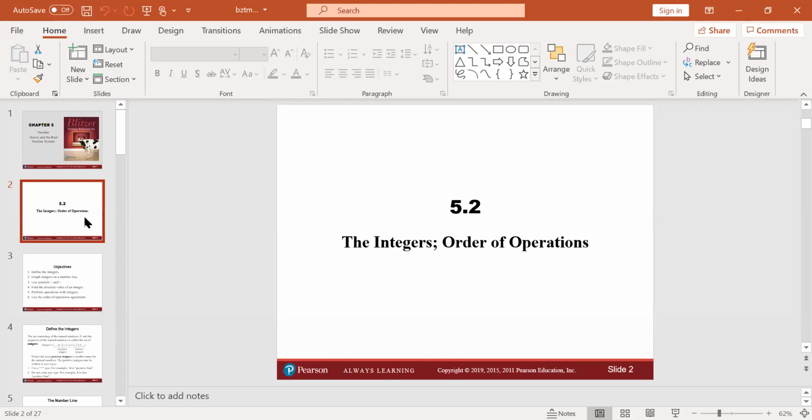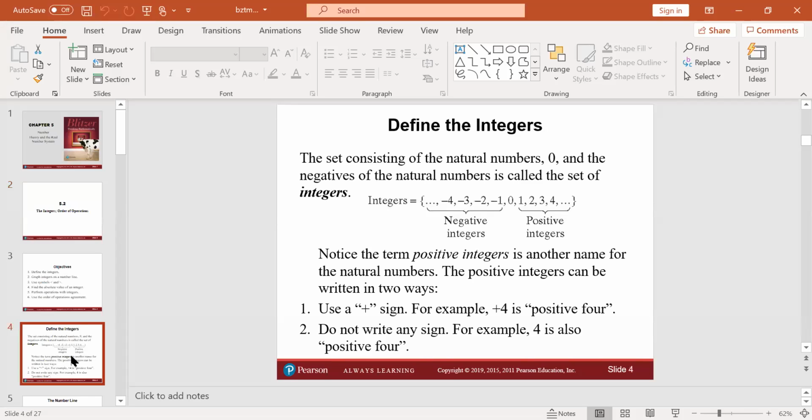So in the last section, we defined a set of numbers called the natural numbers. It's just the positive whole numbers: 1, 2, 3, 4, 5, 6, 7, 8, 9, 10, and so on. Here, we're going to define a much broader set. These are called the integers.